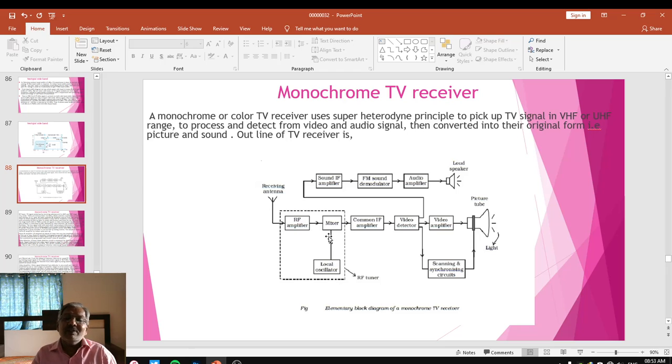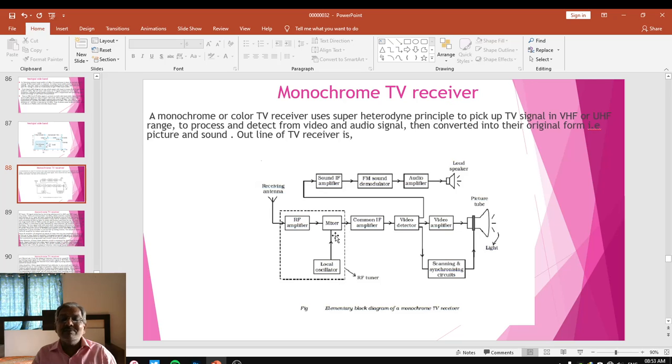The mixer contains diode devices along with a passive components network, so that the received signal, that is the signal frequency, and another signal from the local oscillator, are both compared here.